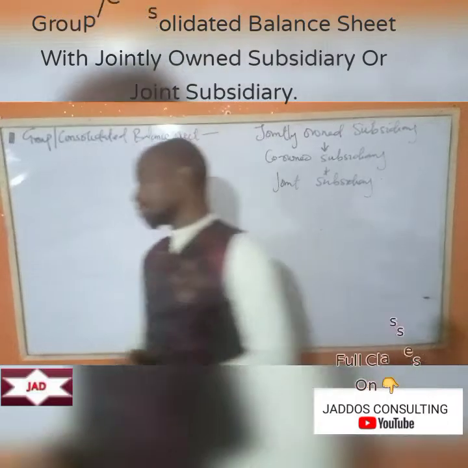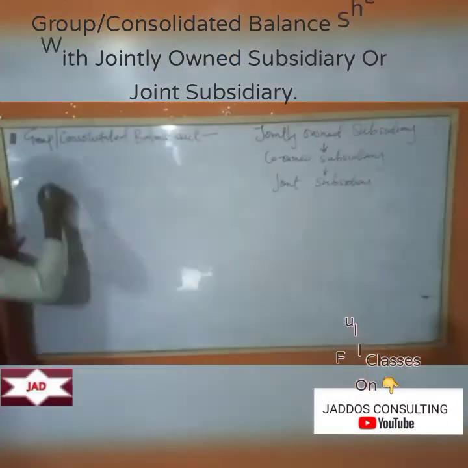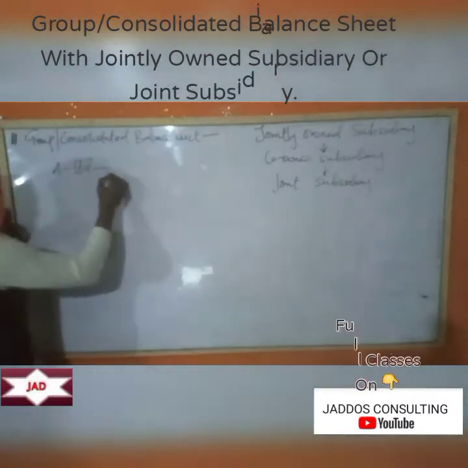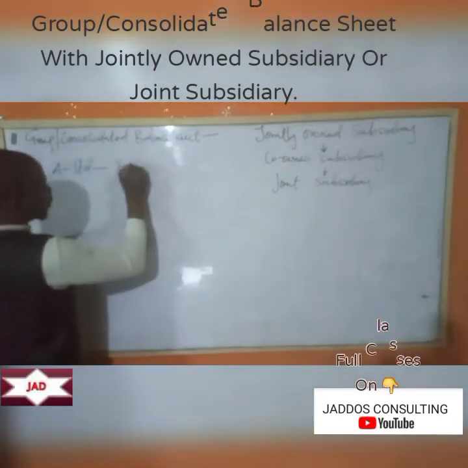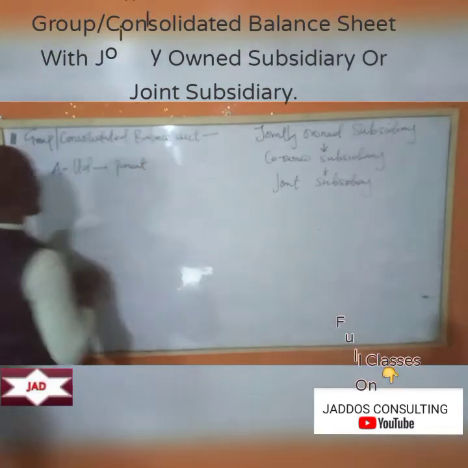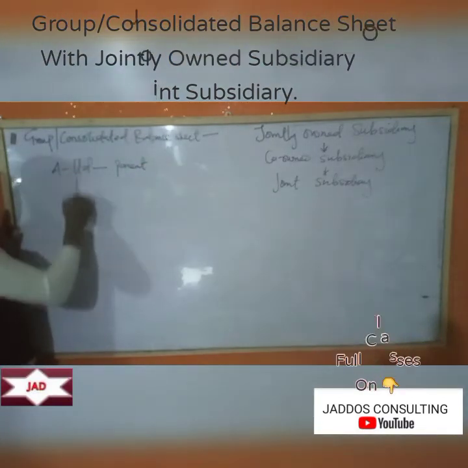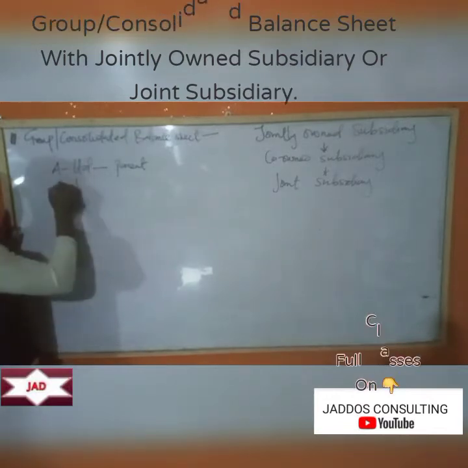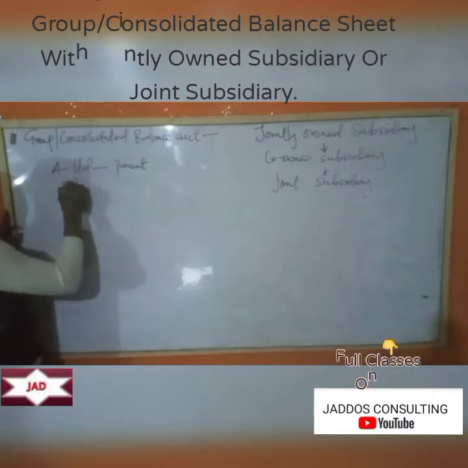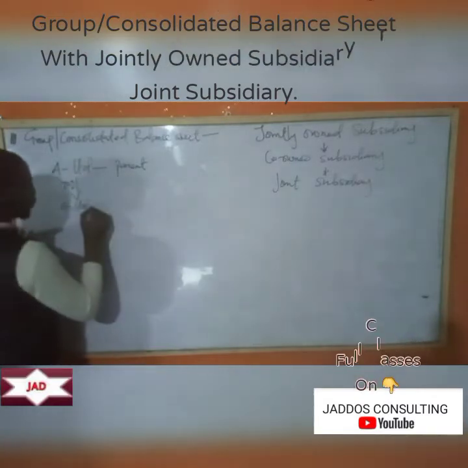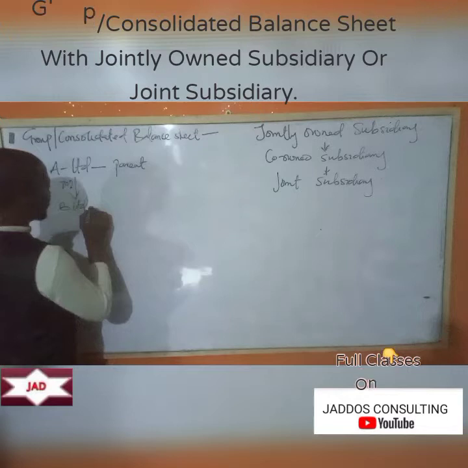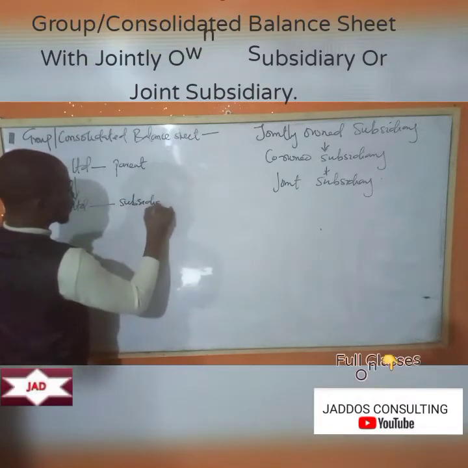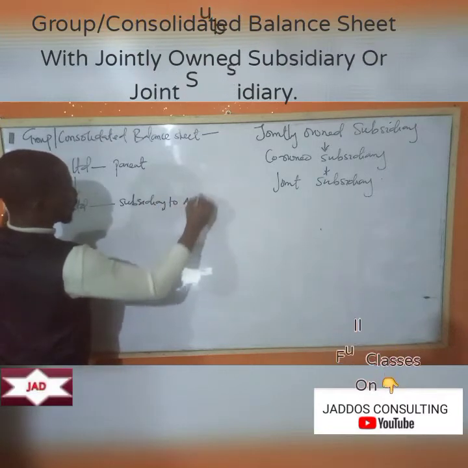Here's what I'm saying. So let's say we have A Limited. This guy here is the parent or holding company, right? Now this guy has shares in B Limited. Let's say 70%. Okay? So B Limited here is a subsidiary to A Limited.